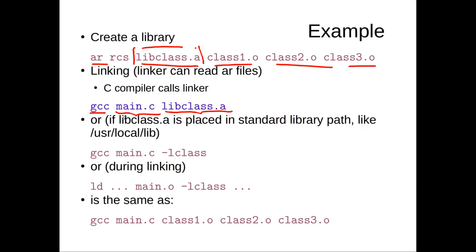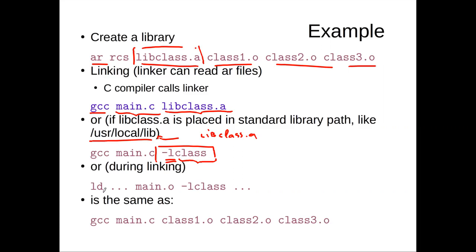And if you put the library on one of the standard paths in your system, something like /usr/local/lib, you can invoke it with the -l flag, meaning that the compiler will search for something like libclass.a. People who were programming on Unix systems were using these -l flags to link against static libraries.